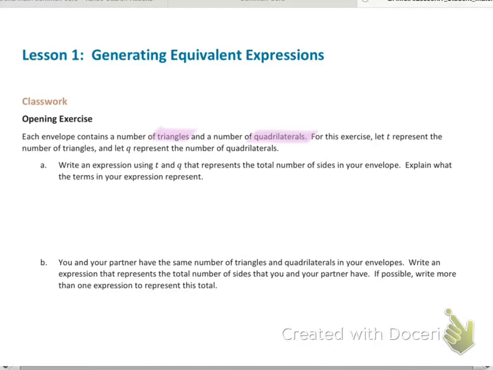Hopefully we do. For this exercise, we're going to let T represent the number of triangles and Q represent the number of quadrilaterals.